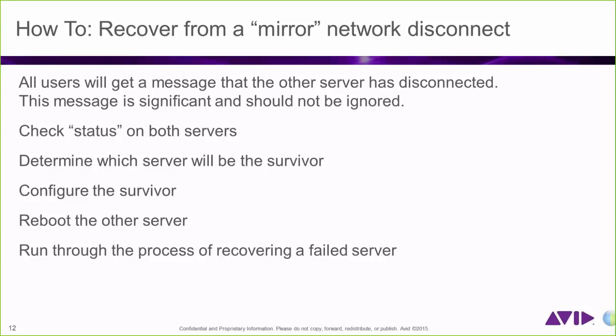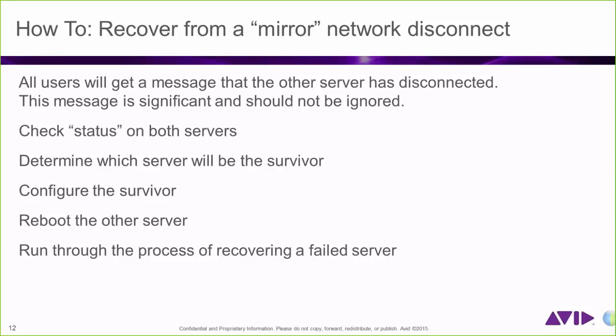So if you get information like that from your staff, the first thing to do is check the status on both servers. We don't want to ignore this problem, so we want to check the status on both servers and see if they're connected or not.